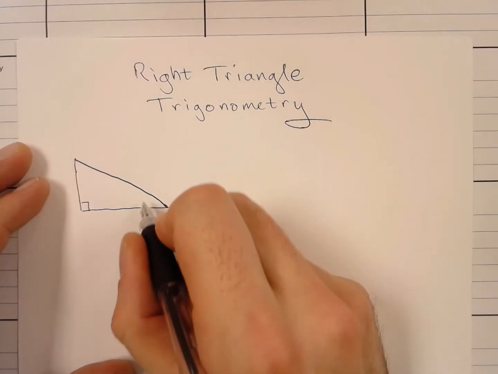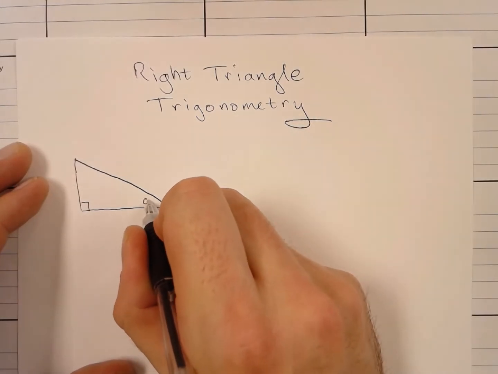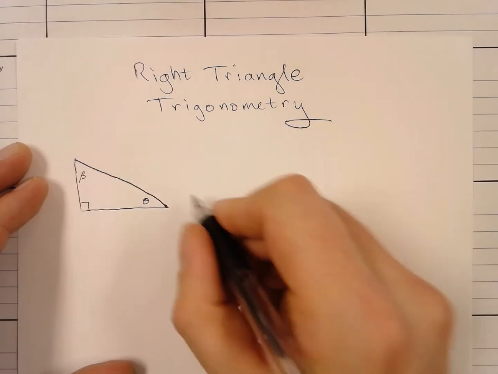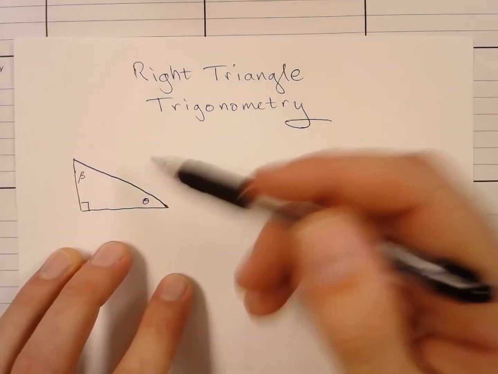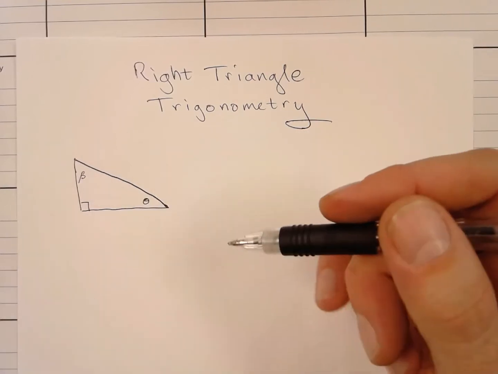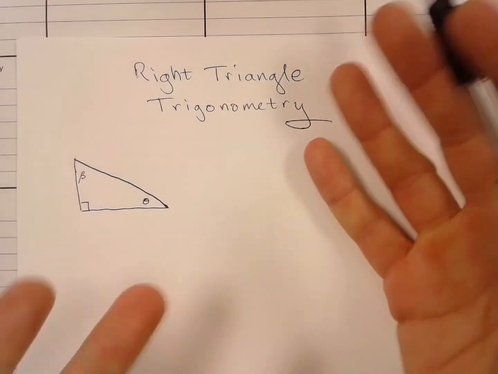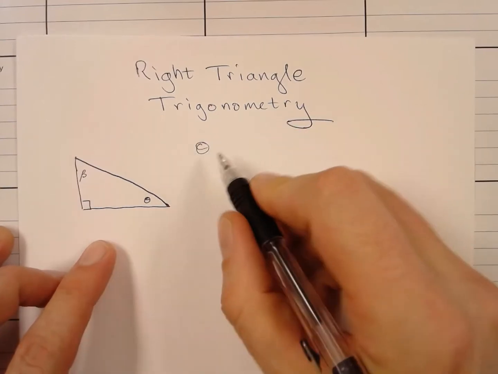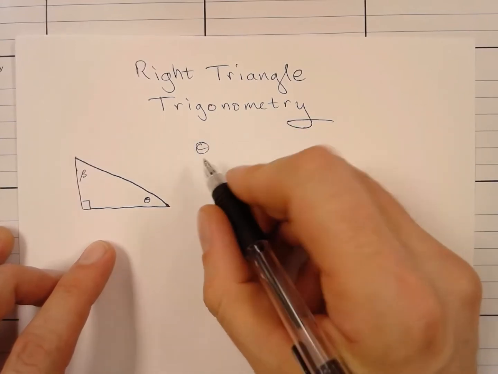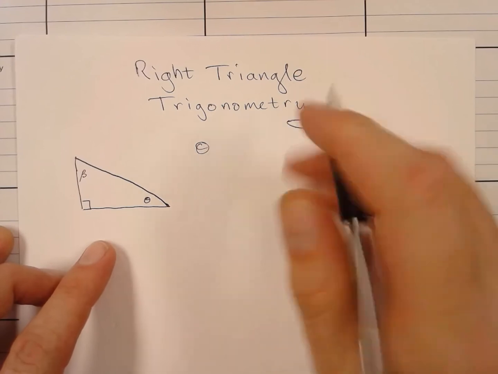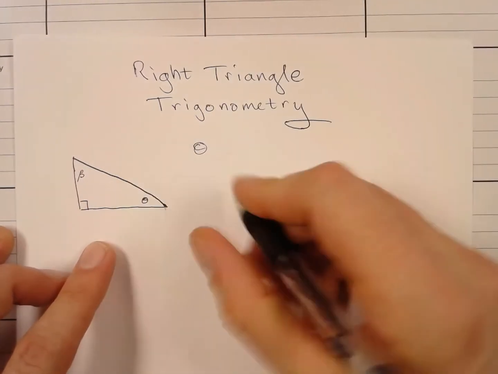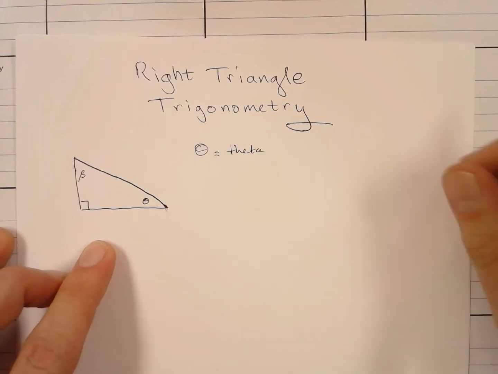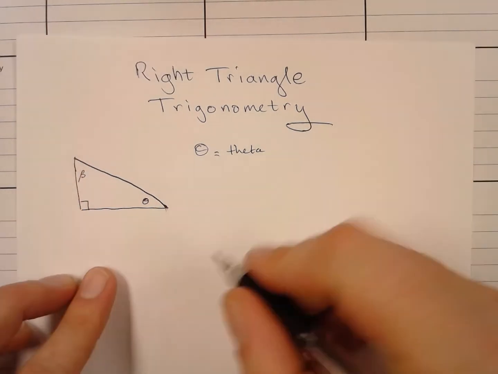I'm going to introduce a new symbol, two of them really. These are just Greek symbols that are going to be arbitrary for angles. So this symbol that looks like a little yin-yang or a Pepsi symbol, or a circle with a little squiggle in the middle of it, it's theta, and it's often used to represent some unknown angle.